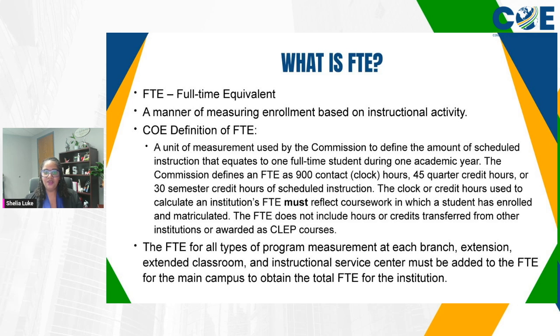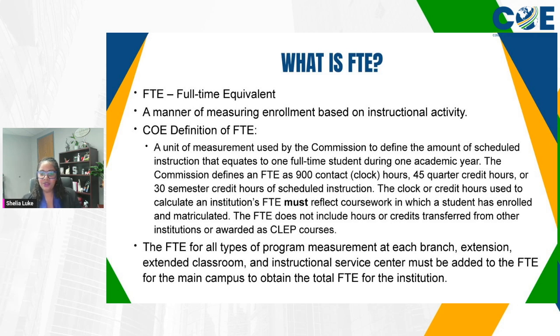So with all these differences, the Commission felt it necessary to come up with a definition for FTE. So the Commission's definition of FTE is a unit of measure used by the Commission to define the amount of scheduled instruction that equates to one full-time student during one academic year. The Commission defines FTE as 900 contact or clock hours, 45 quarter hours, or 30 semester credit hours of scheduled instruction.